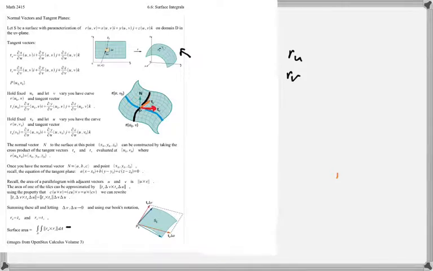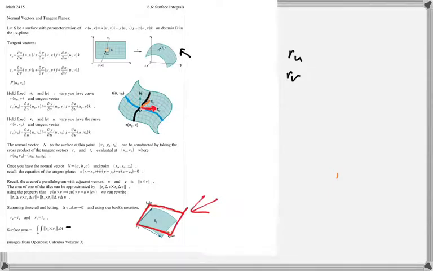Recall the area of a parallelogram with adjacent vectors u and v is the magnitude of the cross product. So we have our tile down here, and our parallelogram is an approximation of the actual tile S sub ij on the actual surface.